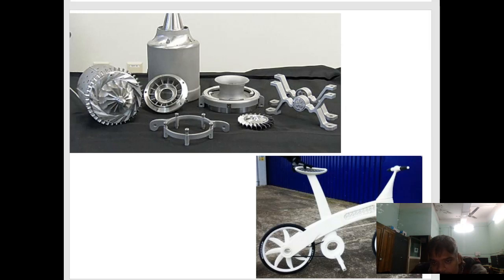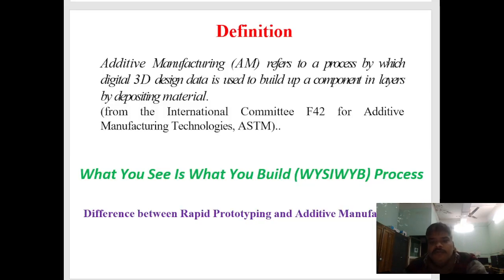These are some parts of engines and bicycle, which are manufactured by using additive manufacturing. Some bearing system, some engine part, crankshaft, gear, which are manufactured by using additive manufacturing.